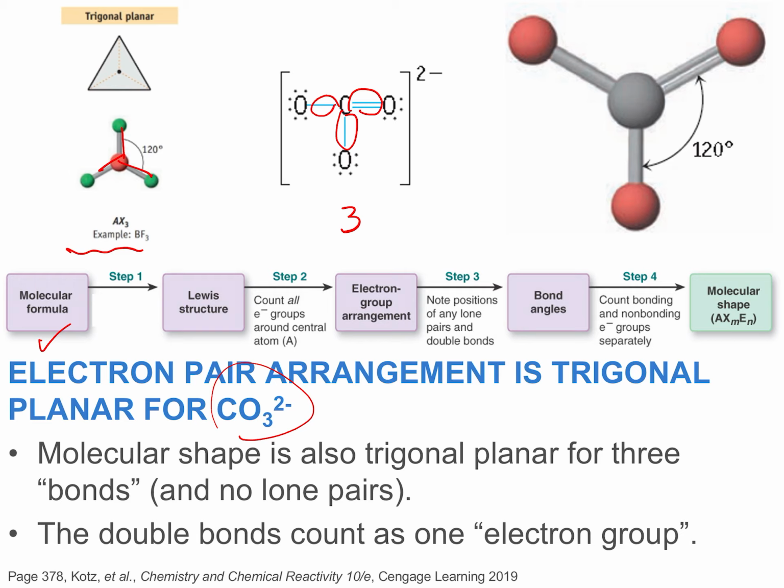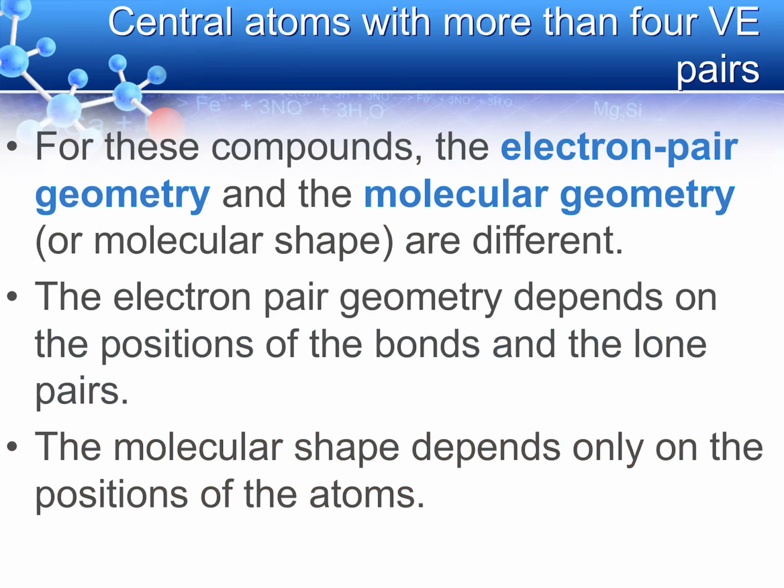So both its molecular shape and its electron group arrangement are trigonal planar. Again, we've got 3. I have bonds in quotations because one of them is a double bond, but it still counts as one electron group. So we have sort of 3 bonds and no lone pairs.